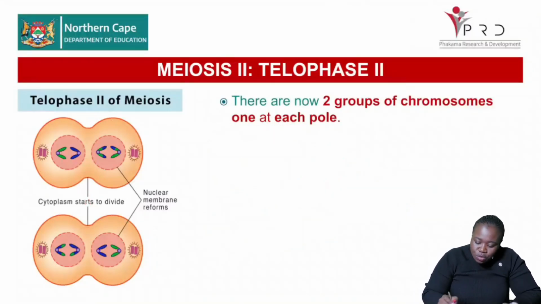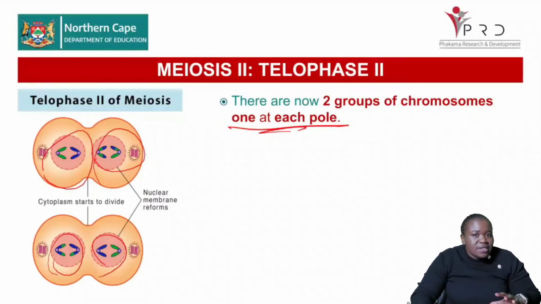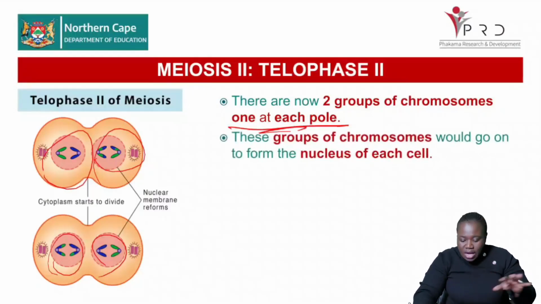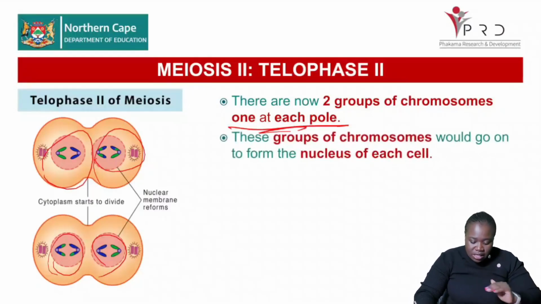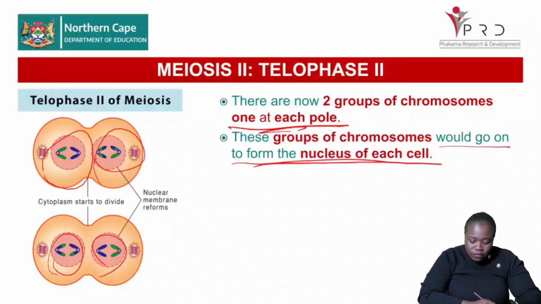Okay, there are now 2 groups of chromosomes at each end of the pole. As we can see there, we have them, and you can see the chromosome number is still 2. They have not halved to 1, so they remain 2. There is no halving effect during meiosis II, right? These groups of chromosomes will now go on to be part of the new cell.